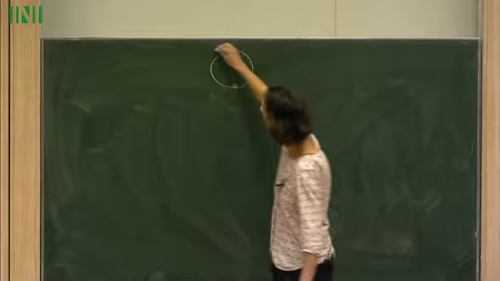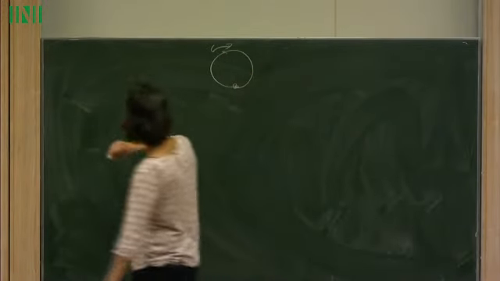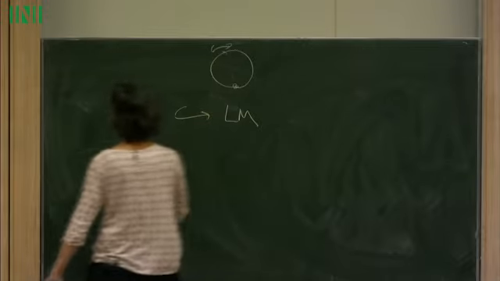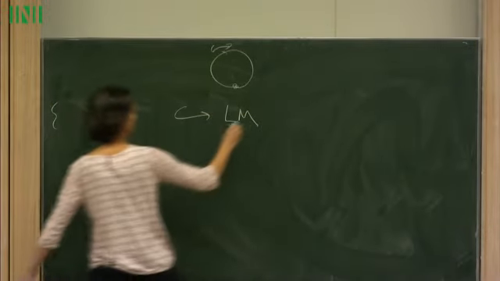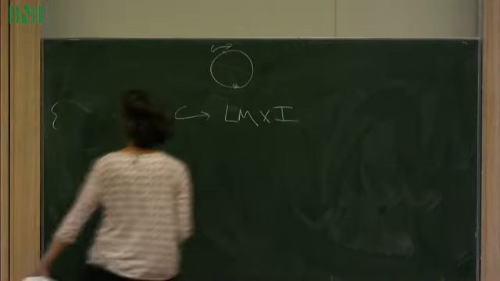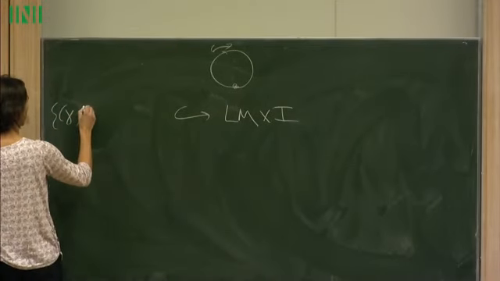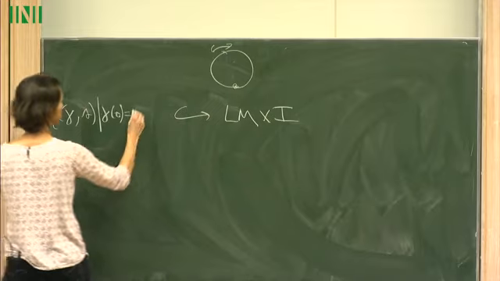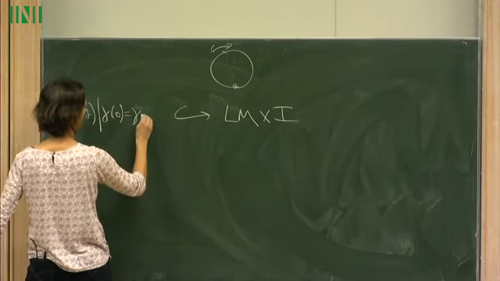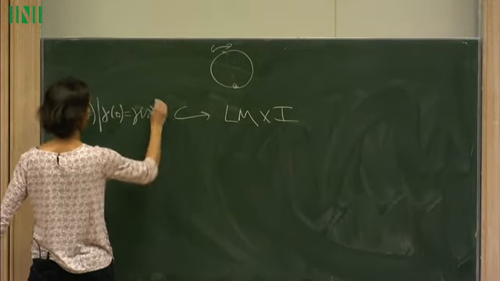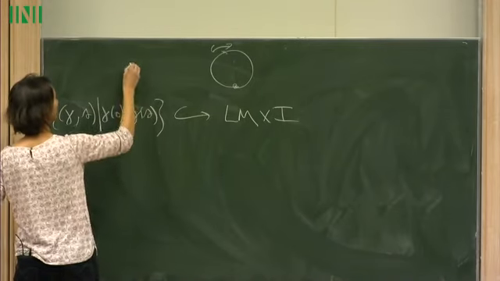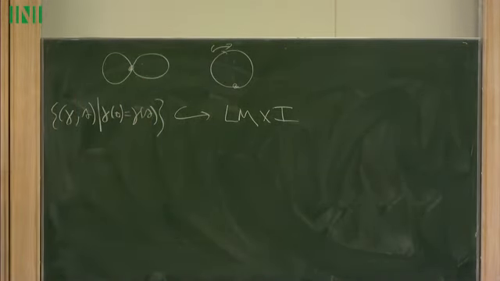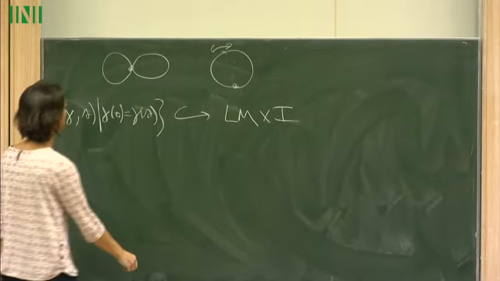But if you let your point vary, so you look at not inside Lm, but Lm cross I, you look at the loops and times S such that gamma 0 equals gamma of S. The picture looks the same as before, but now I'm looking at a self-intersecting loop.